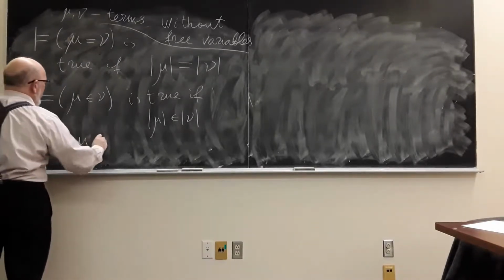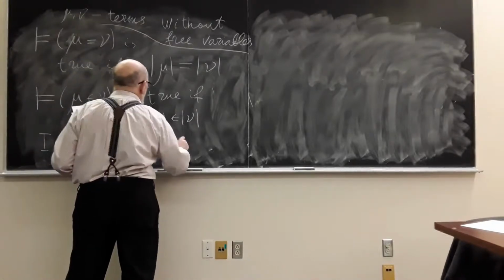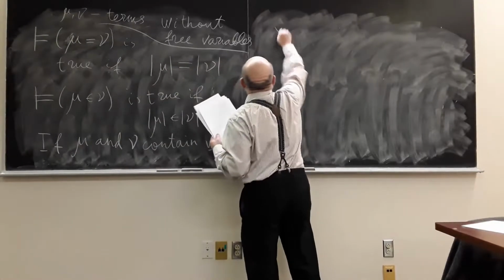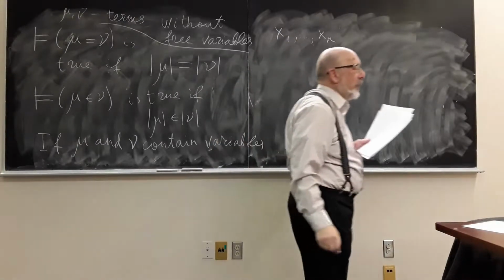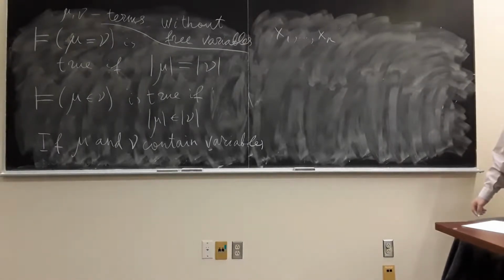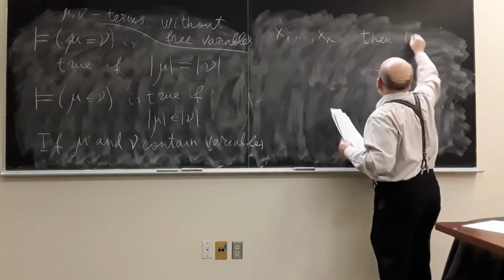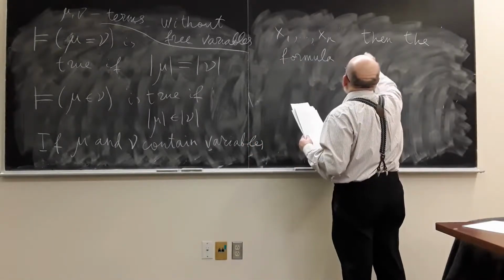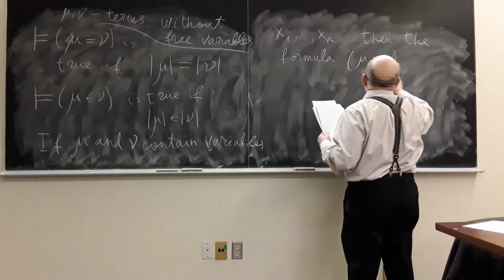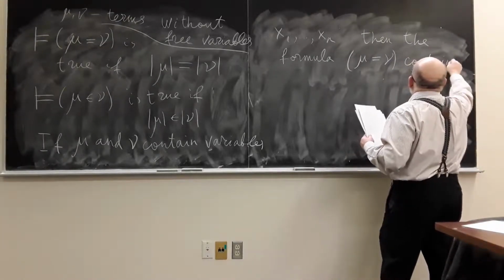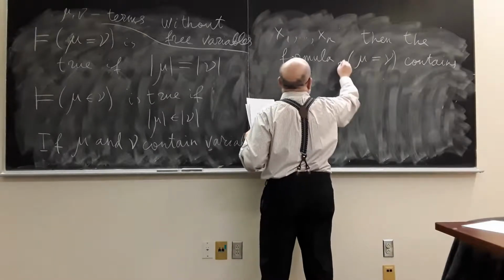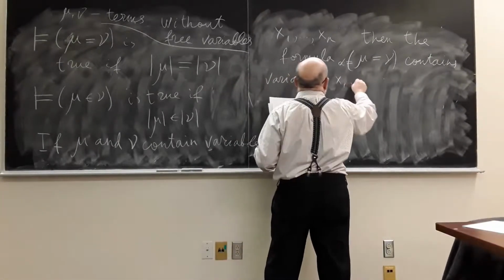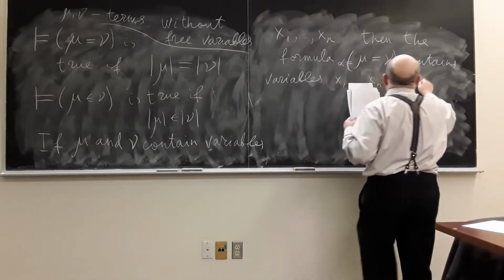If mu and nu contain variables x1, ..., xn, say part of them can be in mu and part in nu, then the formula, say mu equals nu, contains, let's call it alpha, these variables x1, ..., xn.